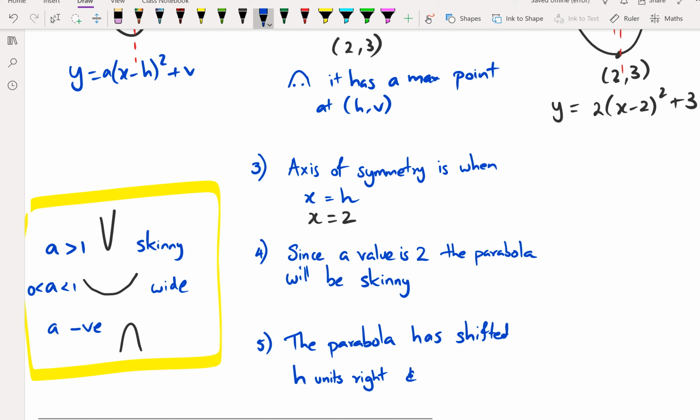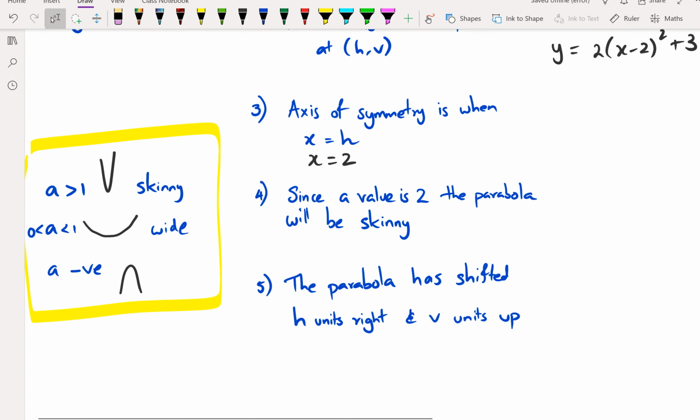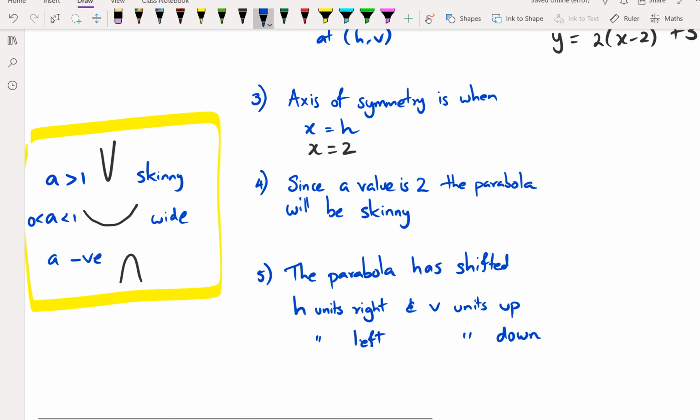and v units up. Now, here's the thing though. If h is positive, then it's right. Because the parabola could also move down, and to the left as well. So just have a look at where your parabola is and then make the comment from there.